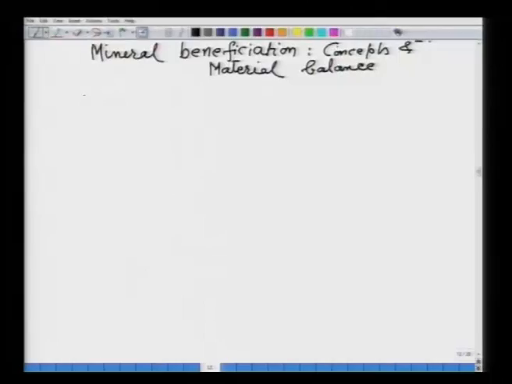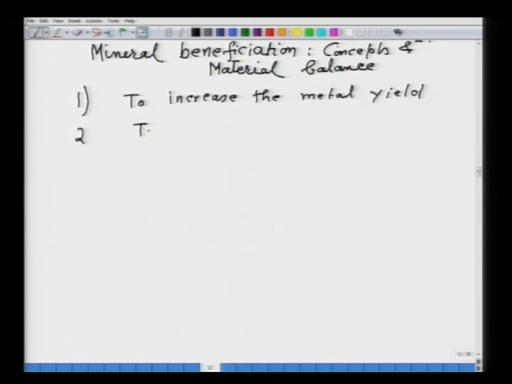Why? Because of several benefits. If you increase the metal grade of the ore, first, you increase the metal yield, and the associated second advantage is to reduce the amount of gangue.